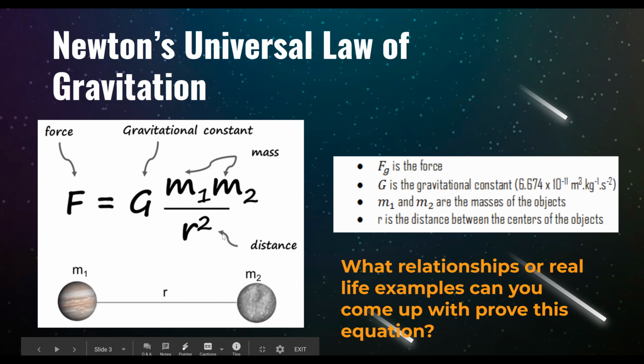Let's say I have 5 over 4, and then I increase that from 5 to 6, so now I have 6 over 4. What happens to your answer? It gets bigger, exactly. Similarly, we have M1 and M2 over R squared. If you increase M1, and G is a constant so you can't increase that, and assuming R remains constant, what happens to your F?